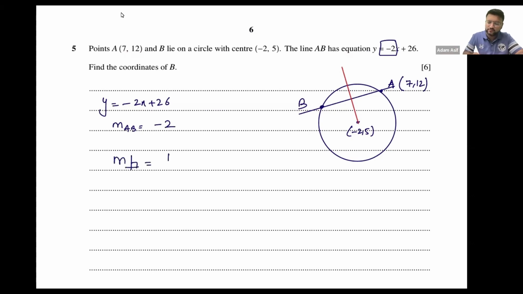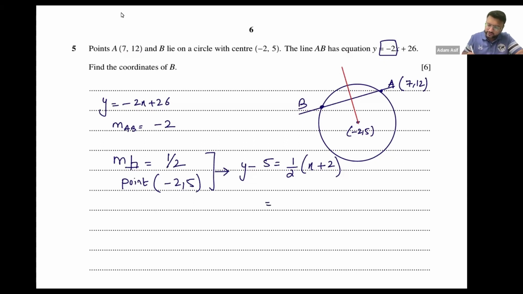So what's going to be the gradient of the perpendicular bisector? And ये जो perpendicular bisector है वो center से पास हो रही है, -2, 5. Can I use this information to get the equation of the perpendicular bisector? y minus y1 equals to m(x minus x1). ठीक है, that's the equation of the perpendicular bisector.